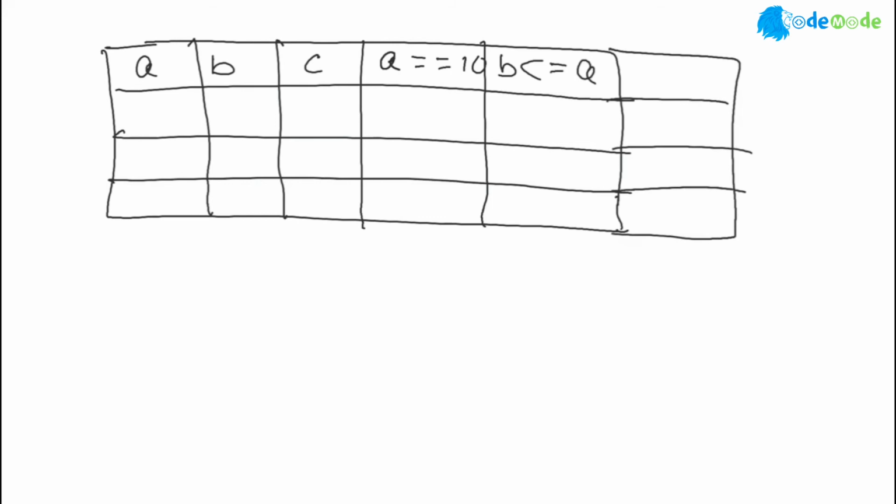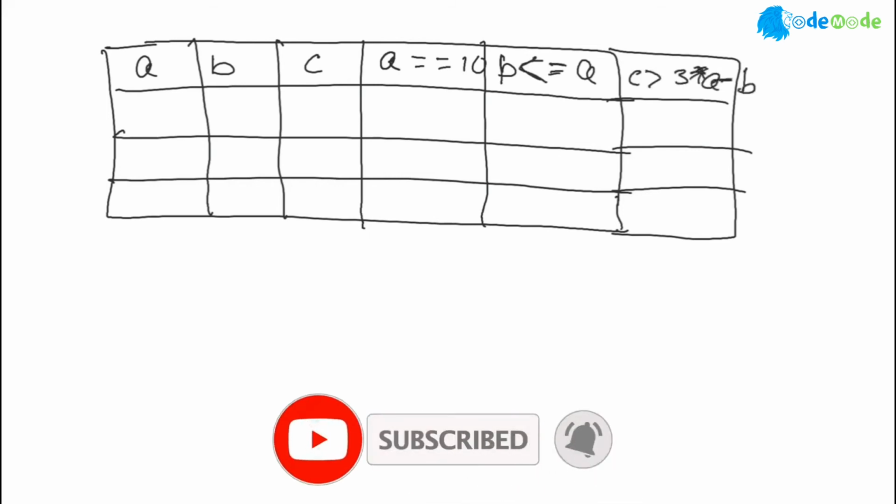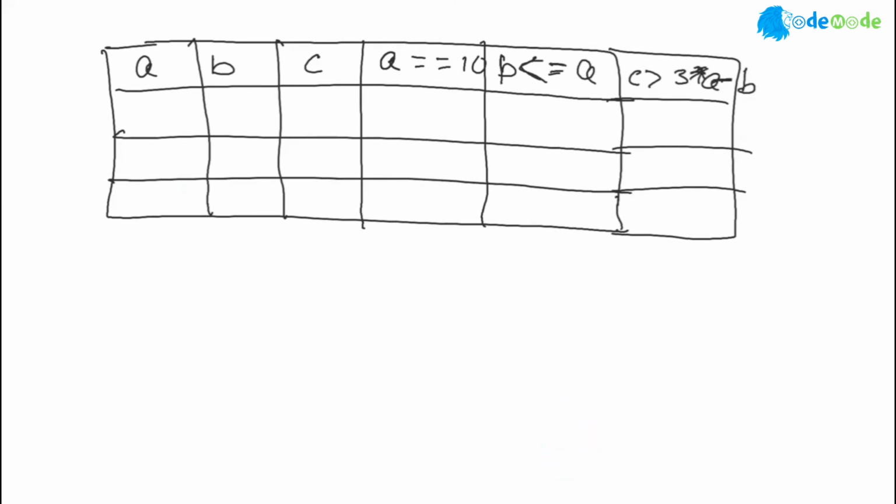If you guys can't read my handwriting, let me know. A equal to 10, B less than or equal to A, and this one I'm going to say C greater than 3 multiplied by A minus B. And A right now is 3, B is -5, and C is 7. So we will fill these three columns. Okay. So far so good.